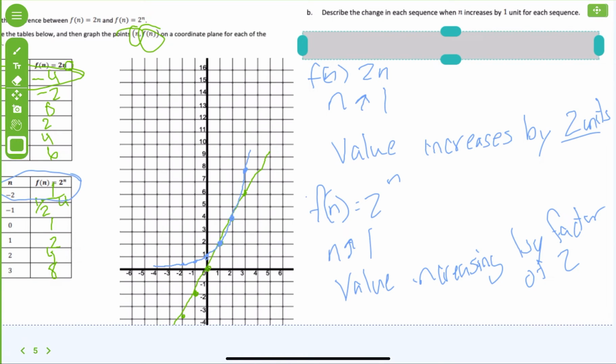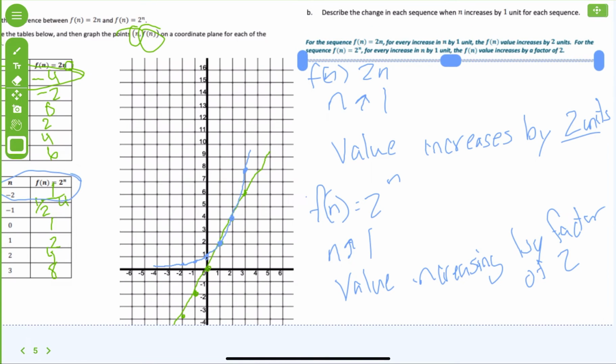Okay? So, and that's what that says. For the sequence f of n, 2n, when n increases by 1 unit, the value increases by 2 units. Okay? So as it goes up, yeah, that's exactly what it says. All right, let's keep going.